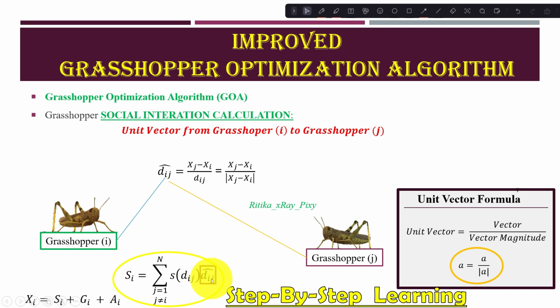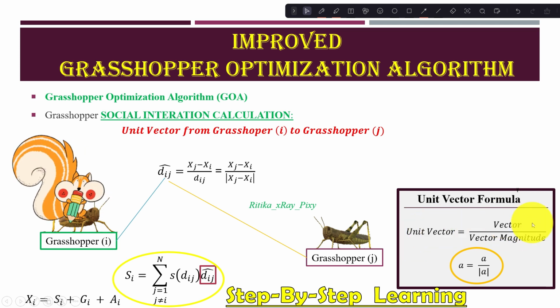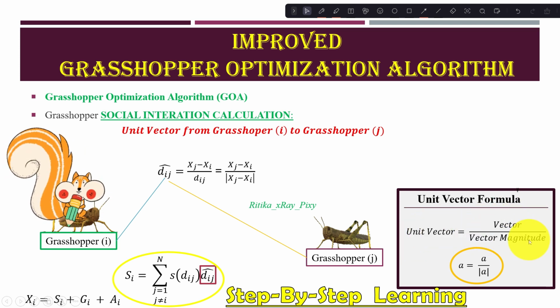And next you can see here the unit vector calculation. Unit vector is also known as direction vector. That is the vector quantity having both direction and magnitude. And you can see the unit vector formula here. Unit vector is equal to vector divided by vector magnitude.